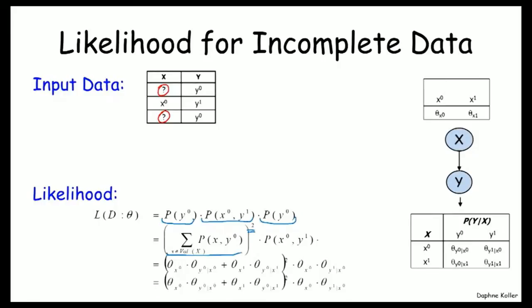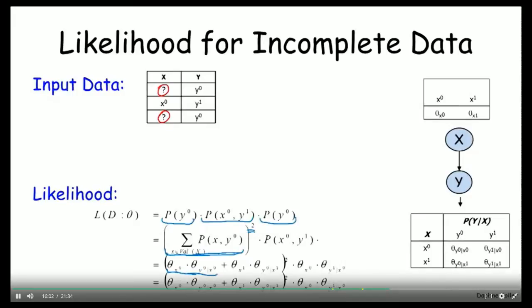That is, we have to consider both possible ways of completing the data, for the different values of x, x0 and x1. If we unravel this expression inside the parentheses, it ends up looking like this: theta x0 times theta y0 given x0, plus theta x1 times theta y0 given x1.